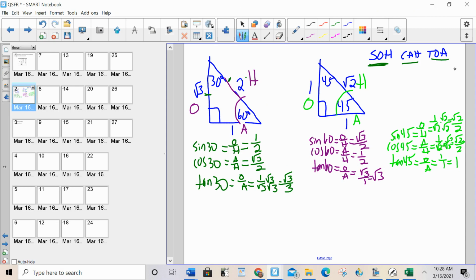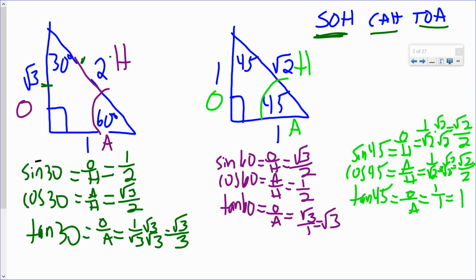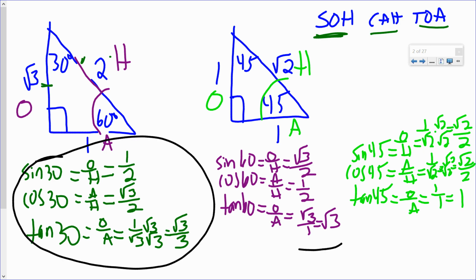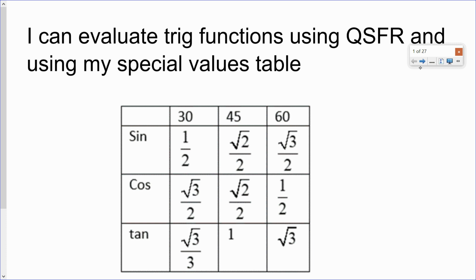So what I just did is I derived these 9 special values, and you're going to be responsible for knowing sine, cosine, and tangent of 30, 45, and 60. And we place them into this table here. So I'm going to show you the easiest way to build this table.